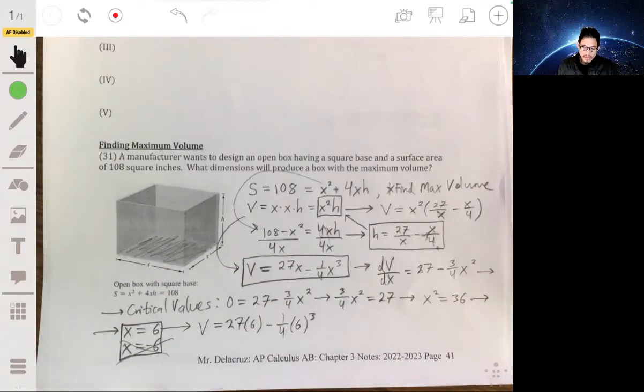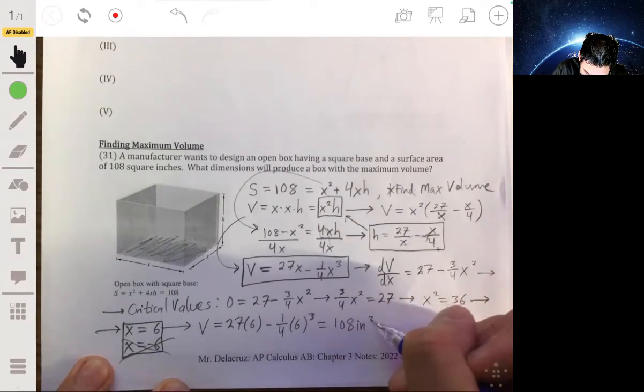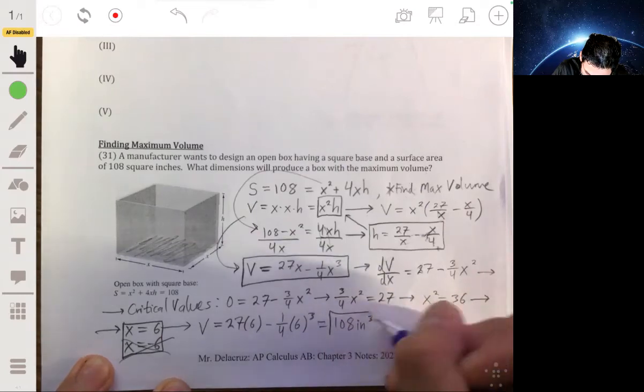And I'll get 108 inches cubed for my volume.